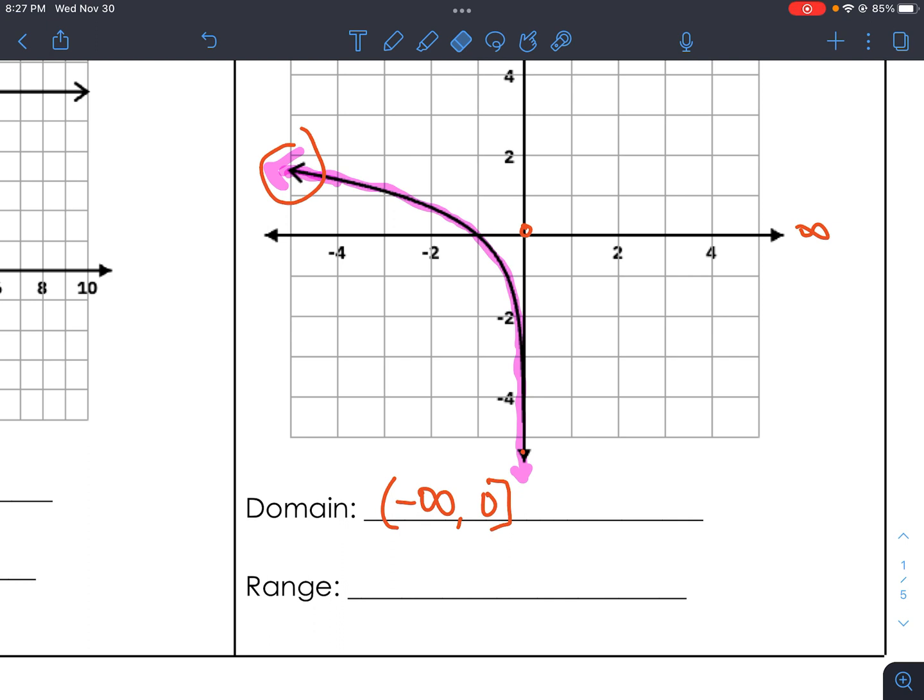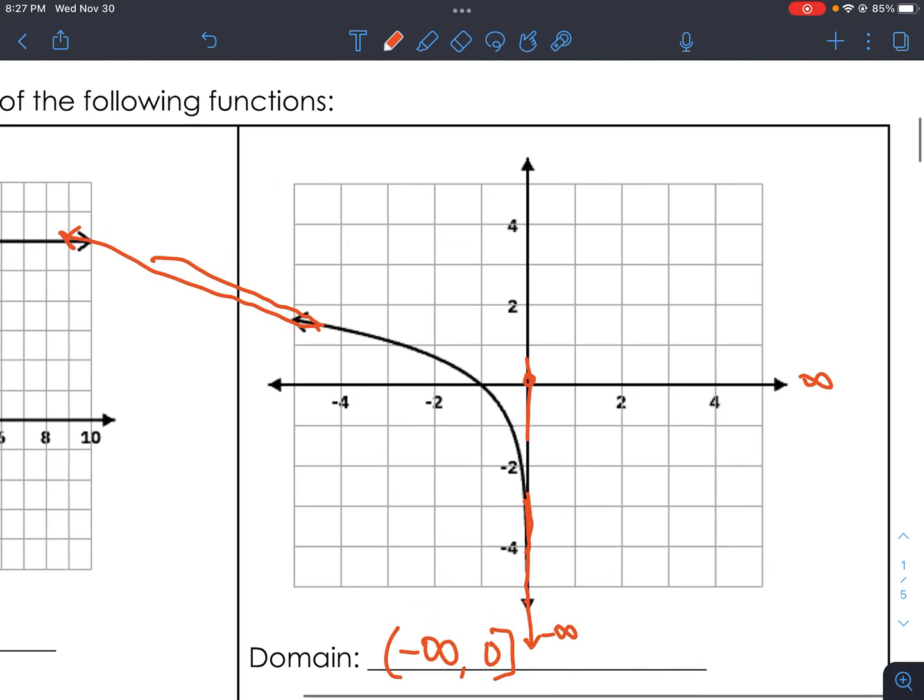Okay, the range. The range is how far down is the graph going, and with this arrow it's going way far down, so negative infinity. And then how far up is it going? Now it's going like this, but it's going up, up, up. So I don't know when it's stopping.